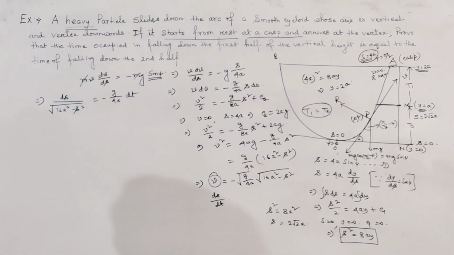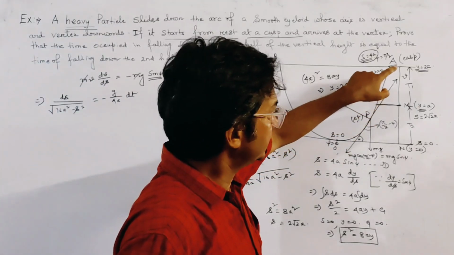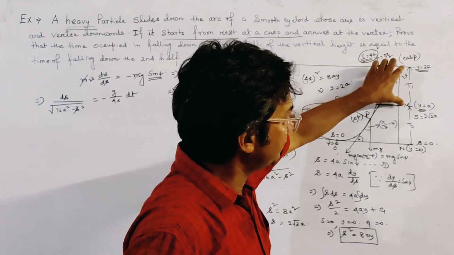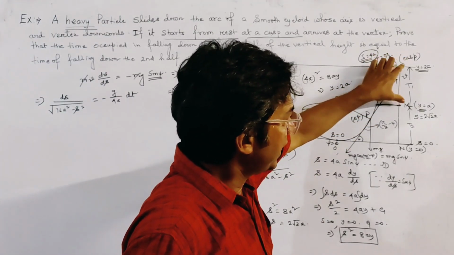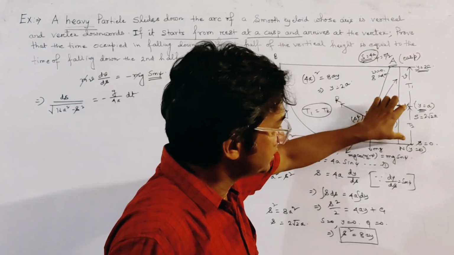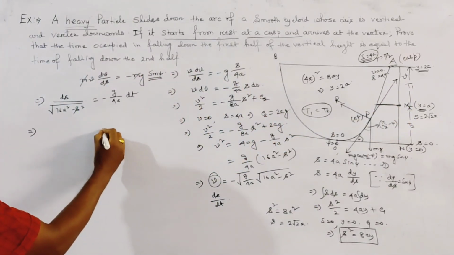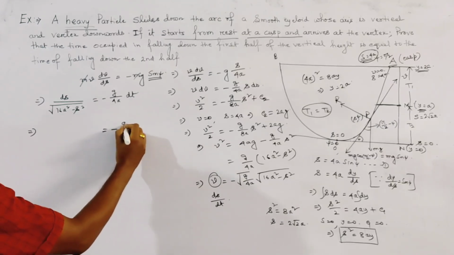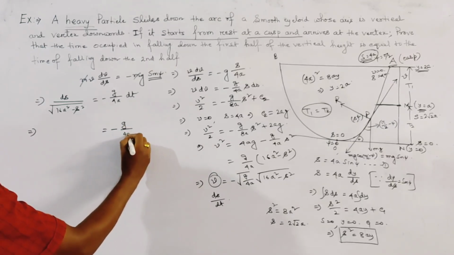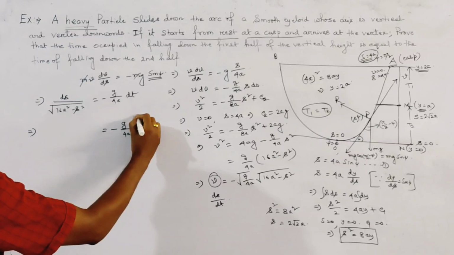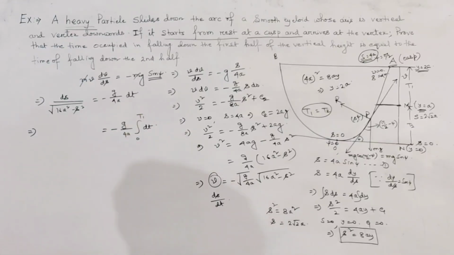Okay, now here we already took the required time for the first half as t1 and the required time for the second half as t2. So from this relation we get the integration for the first half: root g by 4a into integration 0 to t1 dt.